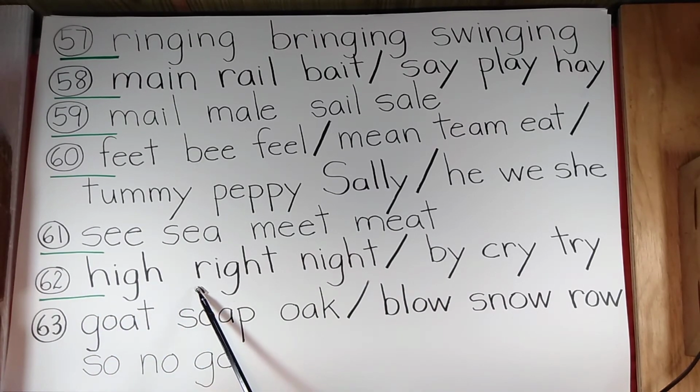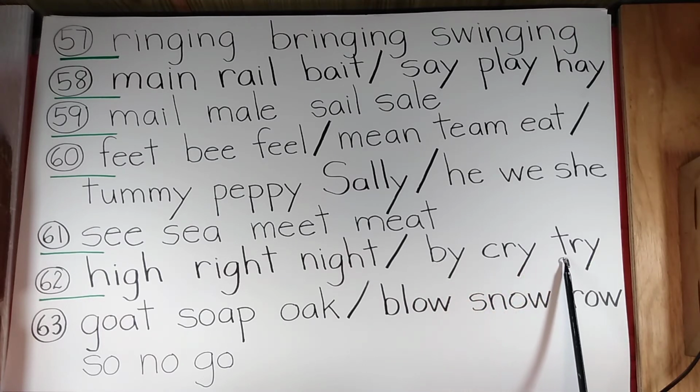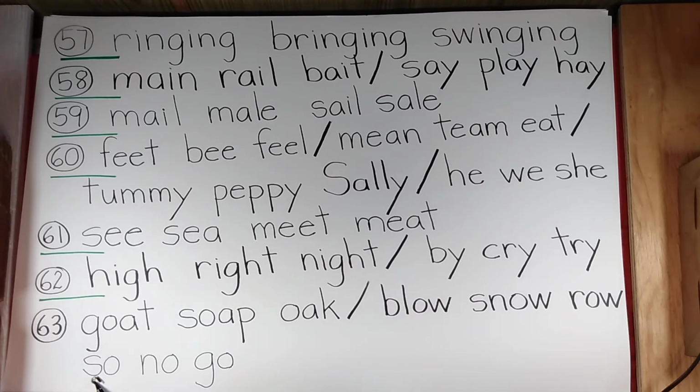High, right, night. Buy, cry, try. 63. Goat, soap, oak, blow, snow, row, so, no, go.